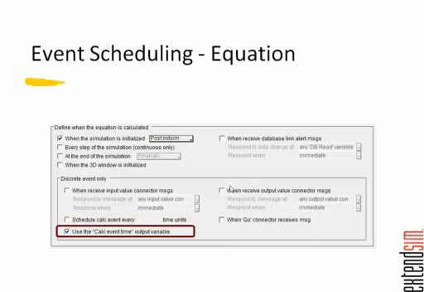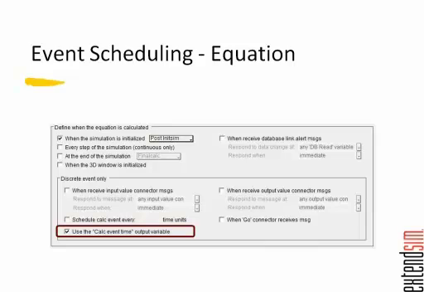I'm going to start with the options tab on the equation, and I've got an option here that says use the calc event time output variable. So this adds another output variable which we can set, which says this is the time in the future when I will calculate that equation.